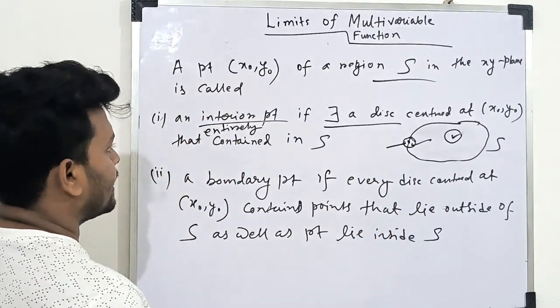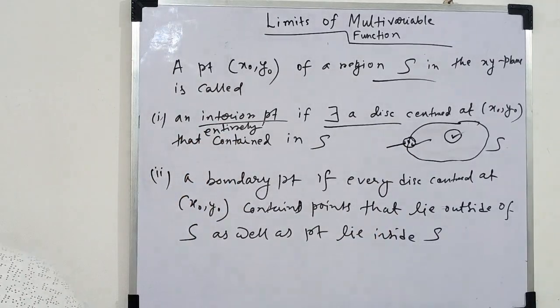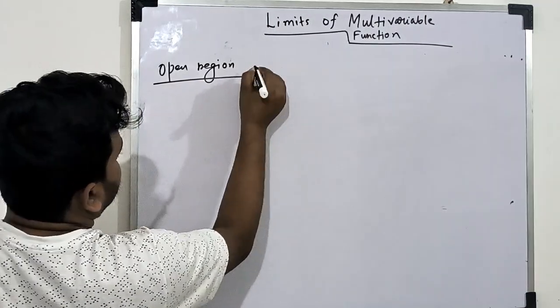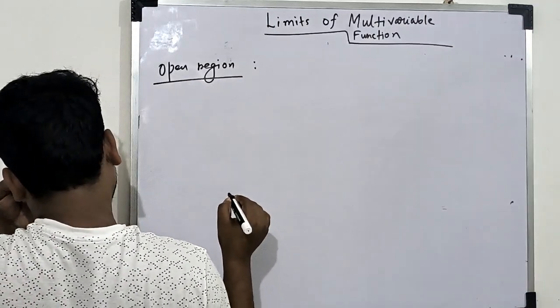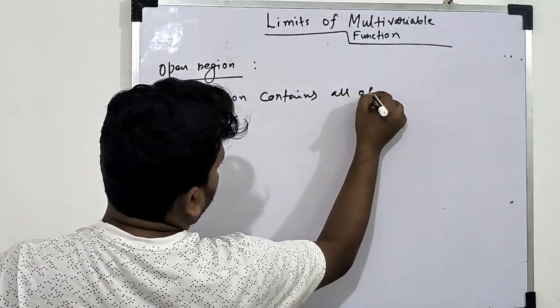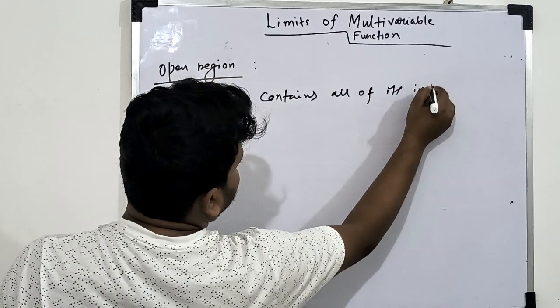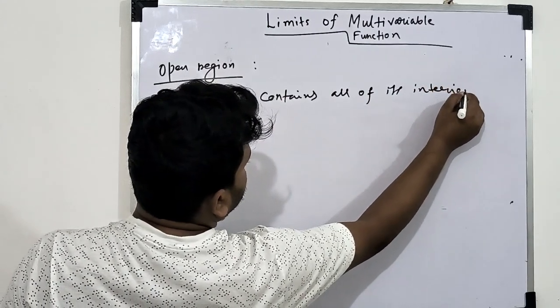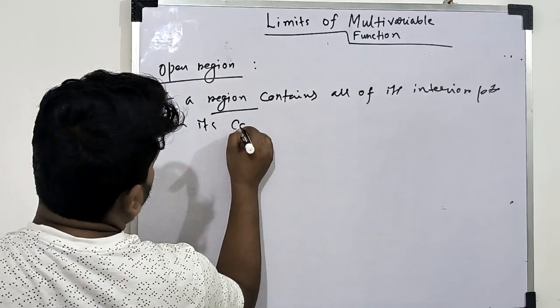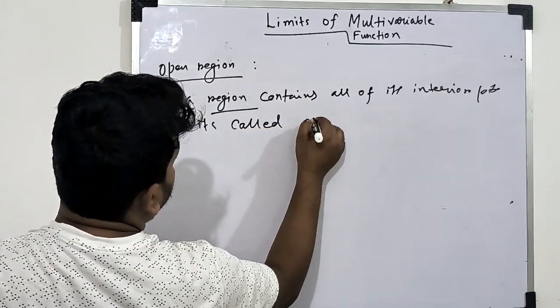So that's it. Now we will discuss open region and closed region. An open region: if a region contains all of its interior points, then this region is called open.